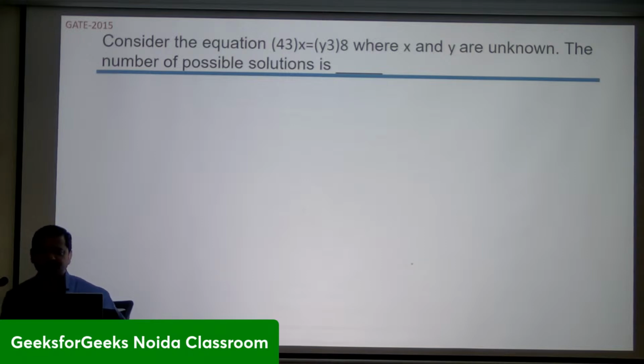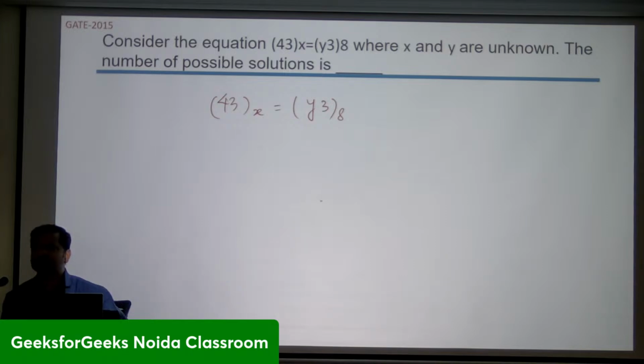Consider the equation 43 base x is equal to y3 base 8, where x and y are the unknown values. How many solutions are possible for this particular question?